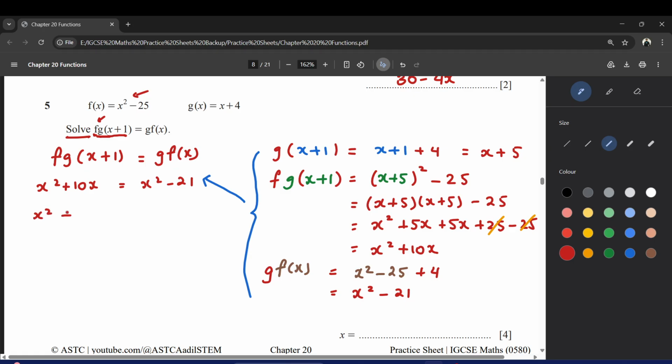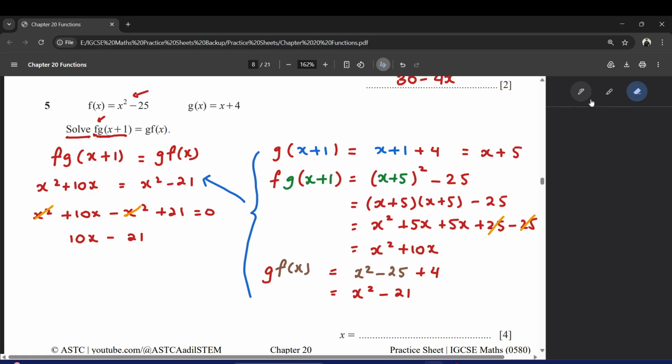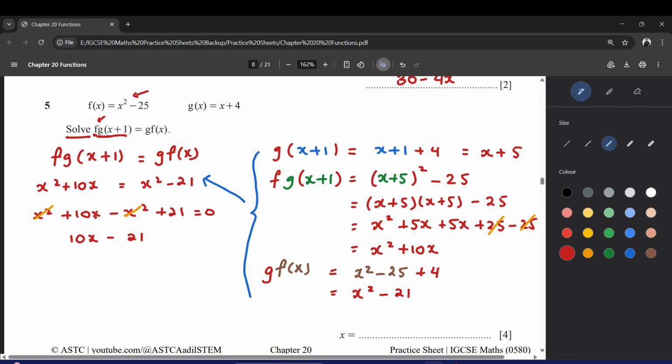So we have x squared plus 10x minus x squared plus 21 equals 0. So this x squared cancels with this x squared, and you will be left with 10x plus 21 equals 0.